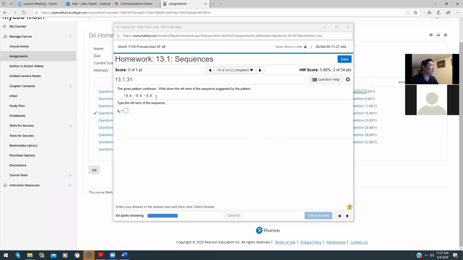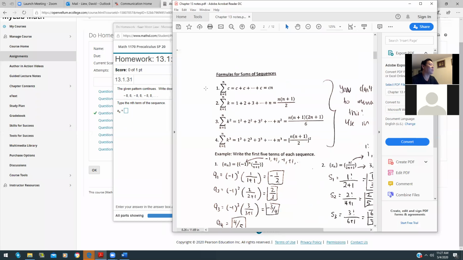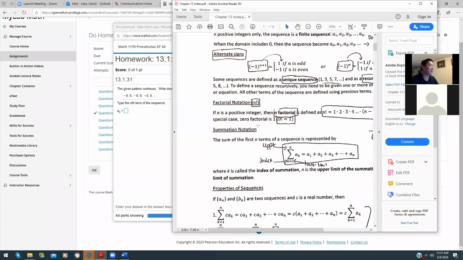This one is very easy. Your sign is alternating, but then you have to figure out how to alternate first. Is it alternating with negative or positive first? This alternating sign starts from negative, then positive, then negative and positive.